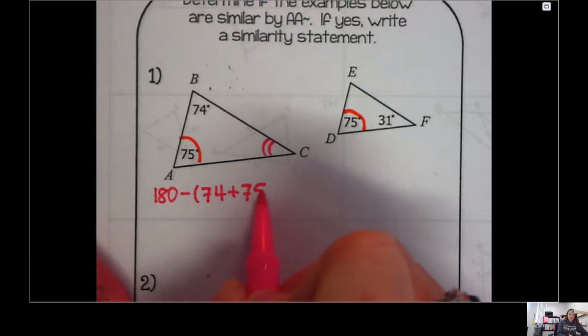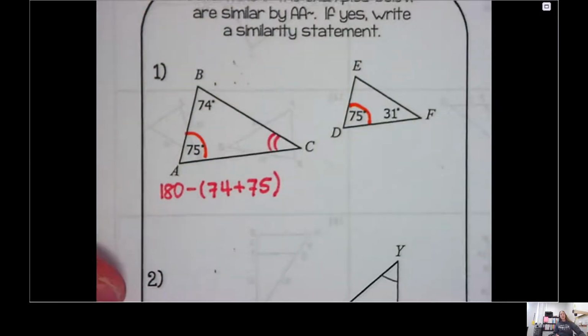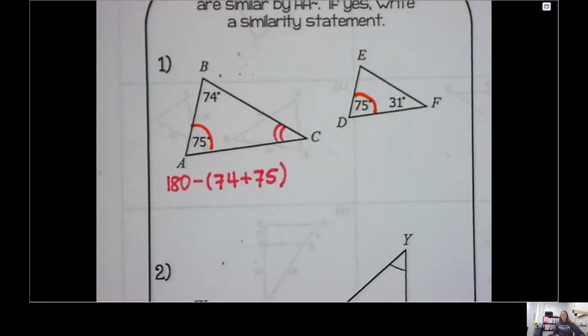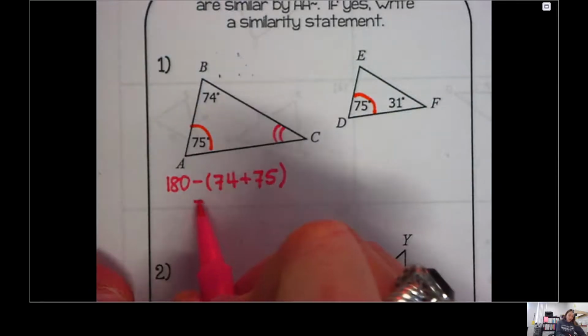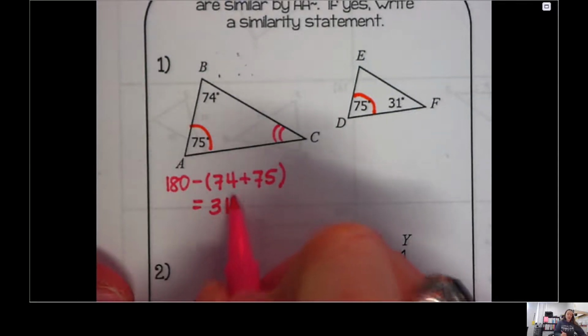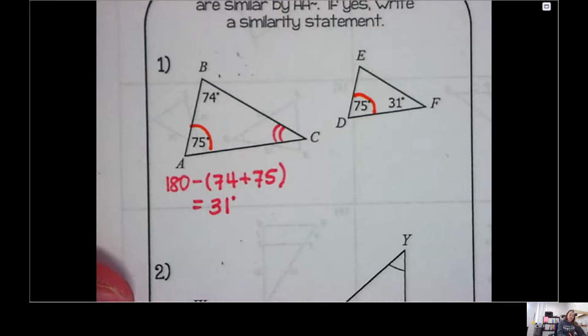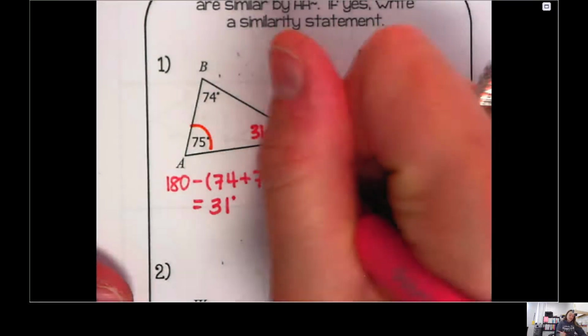So remember us writing it like this, you add them together and then subtract from 180. So 74 and 75 gives me 149, and 180 minus 149 is 31 degrees. So angle C is 31 degrees.